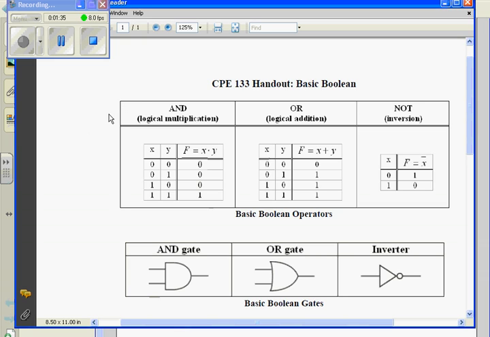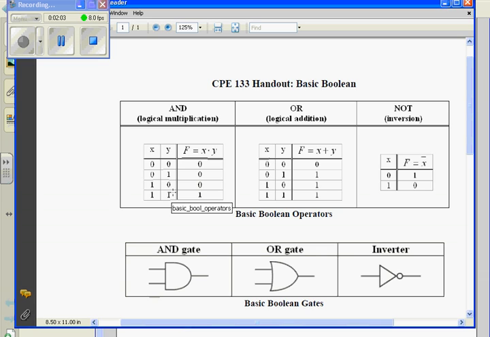So when you have 2 values, what are all the possible combinations? Well, to figure out how many, you always take 2 to the number of inputs. So here we have 2 inputs, so 2 to the power of 2 is 4. We know we're going to have 4 possible combinations of inputs. Both inputs can be 0. Remember, since we're doing binary here, we can only have a 0 or a 1 for each input. X could be 0, Y could be 1, X could be 1, Y could be 0, or they both could be 1.